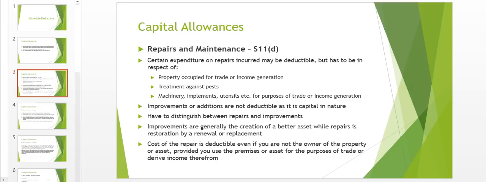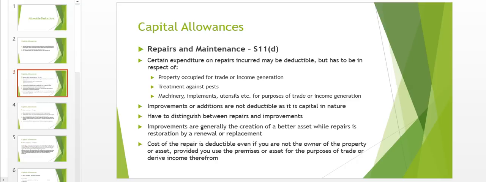Okay, so there are certain capital allowances from the Tax Act which are important and which I'll be going through in detail now, starting with your repairs and maintenance. Certain expenditure on repairs incurred by an entity or business or even an individual may be deductible, but it has to be in respect of the property occupied for trade or income generation.